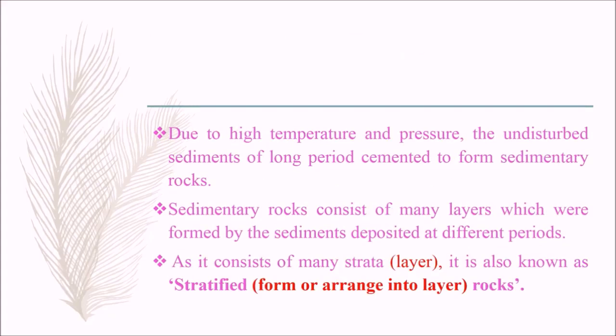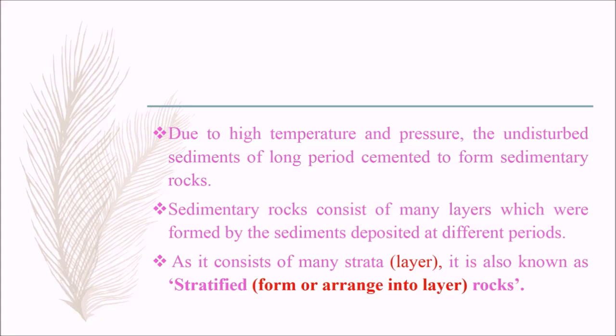Due to high temperature and pressure, the undisturbed sediments of a long period cemented to form sedimentary rocks. Sedimentary rocks consist of many layers which were formed by the sediments deposited at different periods.